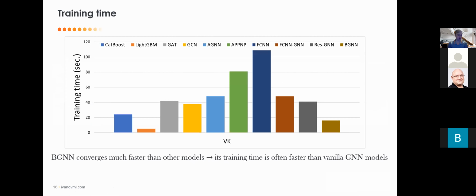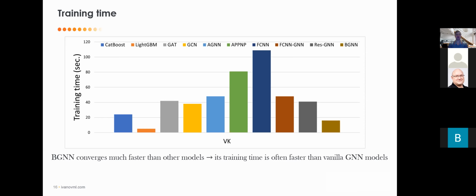Now, you can think that this approach would be time consuming because we have GBDT and GNN coupled together, and therefore we need to train two models instead of one. But it turns out that this model actually converges much faster than other GNN models. Here we see the training time, the time it takes to train each model when you use early stopping.